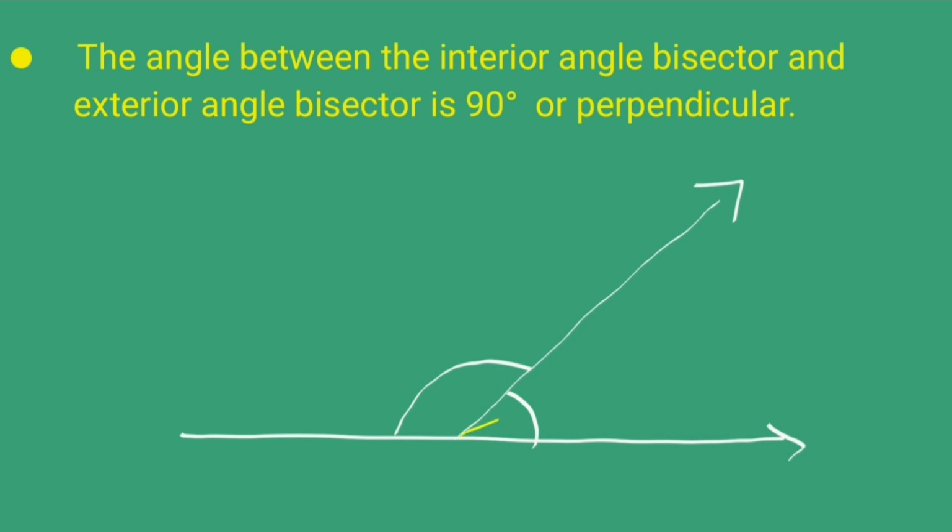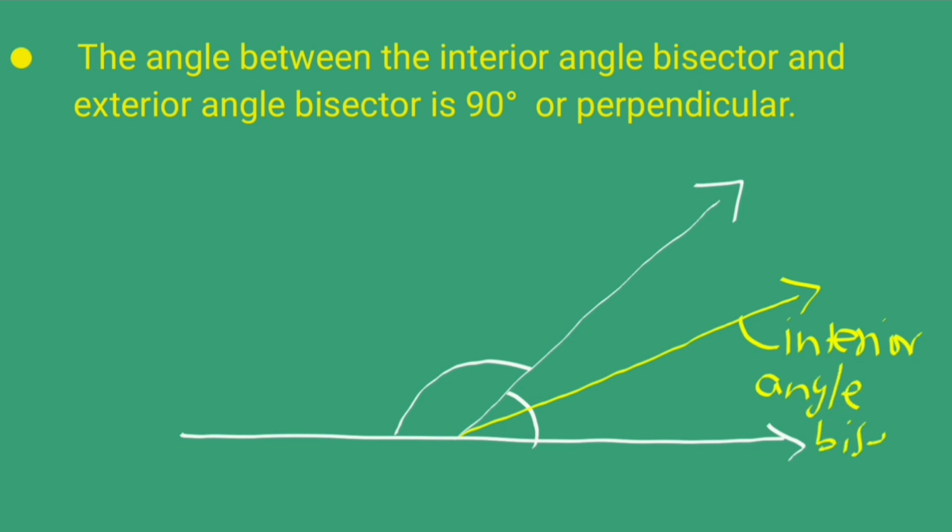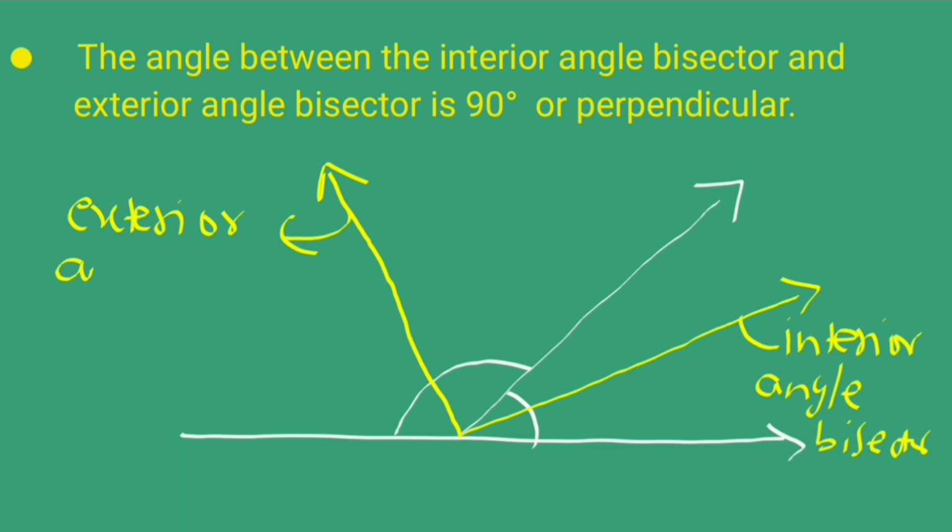The angle bisector of this interior angle we call the interior angle bisector, and the angle bisector of this exterior angle we call the exterior angle bisector.